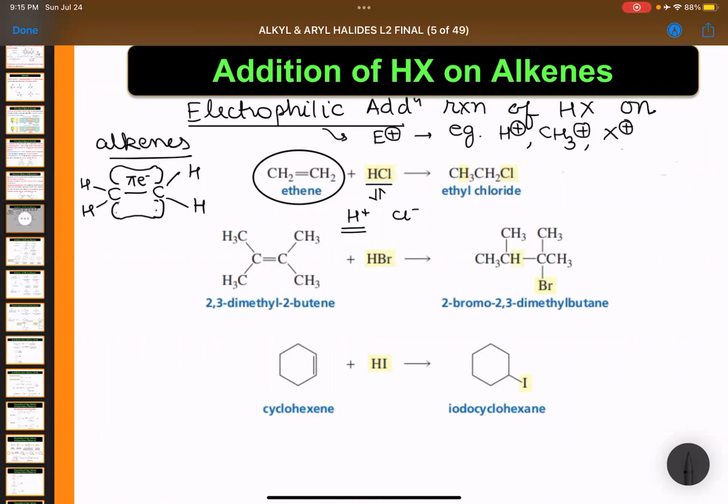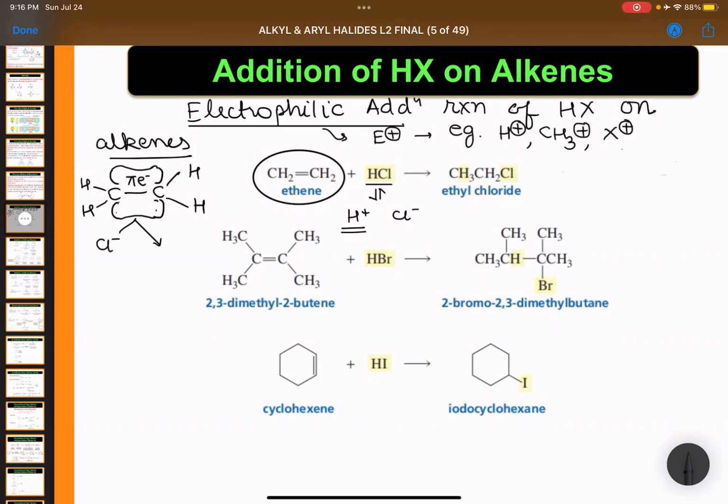That's why it is minus. If it comes near the pi electron cloud, it will be repelled away. So you can't expect Cl minus to come and join on the double bond. It will be repelled away.